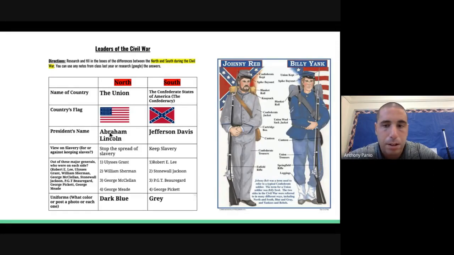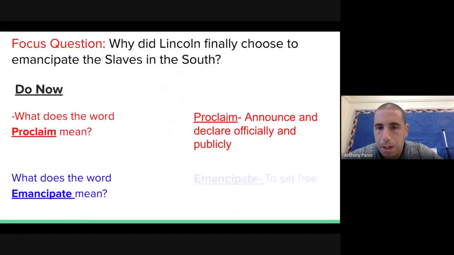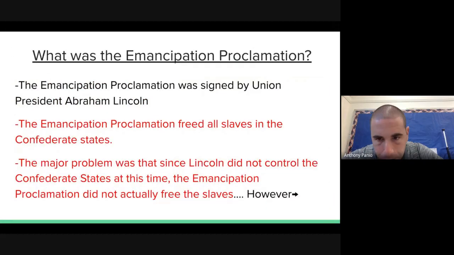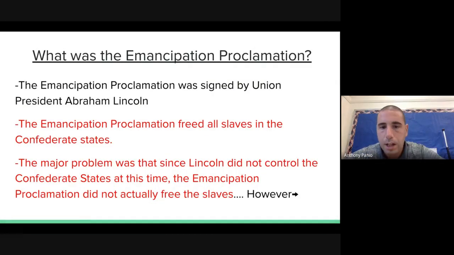You see in this box here, Abraham Lincoln is not the president of the Confederacy. So this is a little bit of an interesting thing. Lincoln did not control the Confederacy at this time, so technically speaking, the Emancipation Proclamation did not actually free the slaves. So what in the world does this proclamation do?